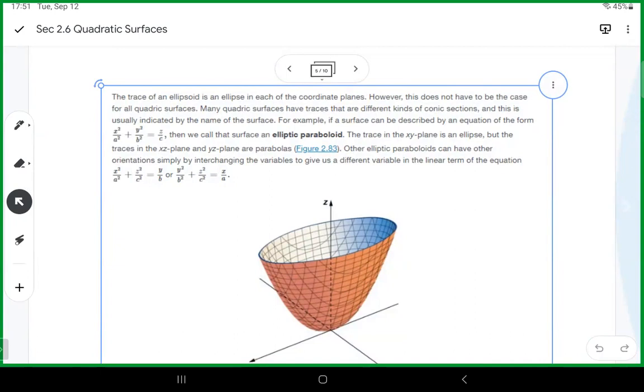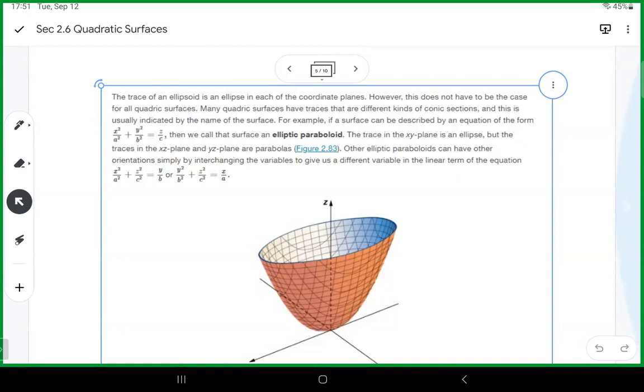So the trace of an ellipsoid is an ellipse in each of the coordinate planes. However, this does not have to be the case for all quadratic surfaces. Many quadratic surfaces have traces that are different kinds of conic sections, and this is usually indicated by the name of the surface. For example, if a surface can be described by an equation of this form, then we call that surface an elliptic paraboloid.